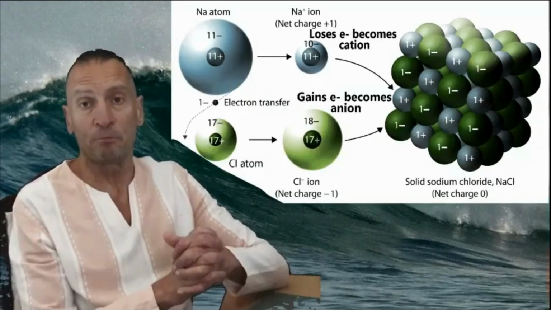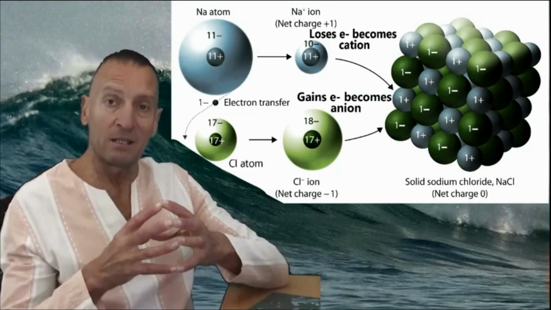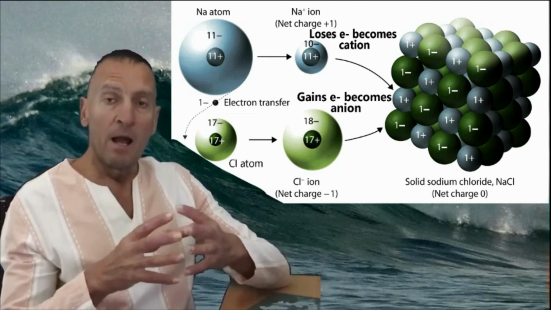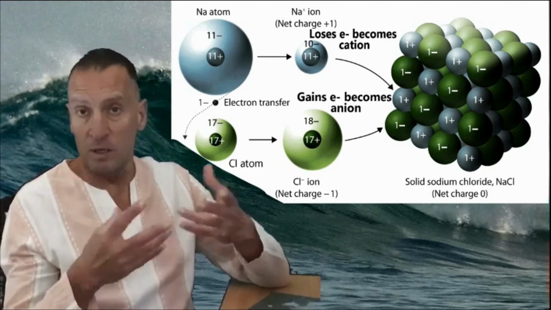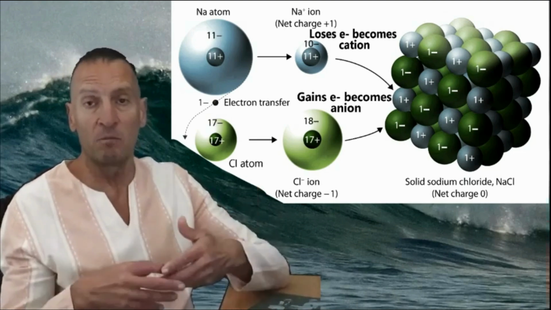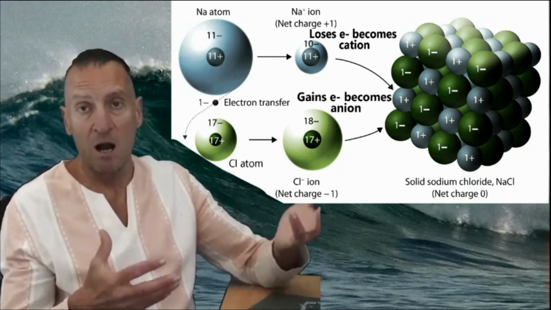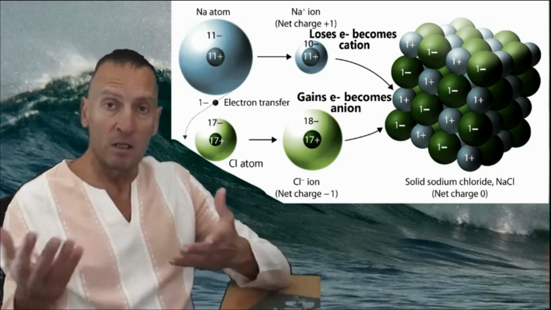It's called ionic bonding. We know already what an ion is. That means an atom which gained or lost an electron. When the atom gains an electron, it becomes an anion, or negative ion. And when a neutral atom loses an electron, it becomes positive, because the protons are now more than the electrons.